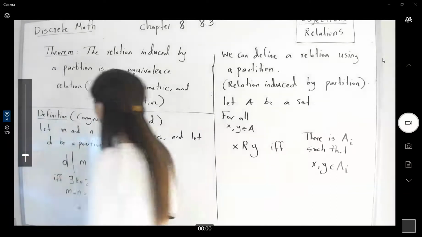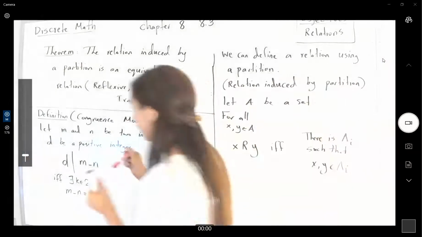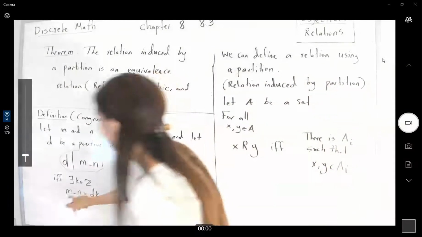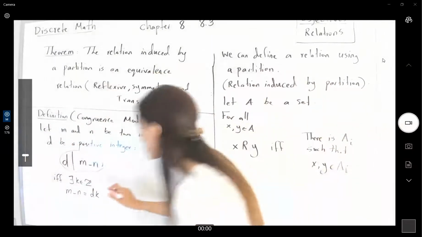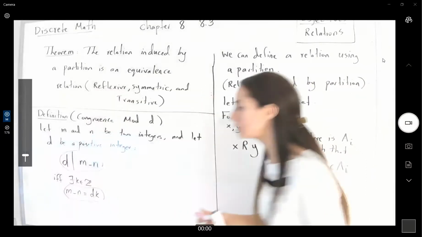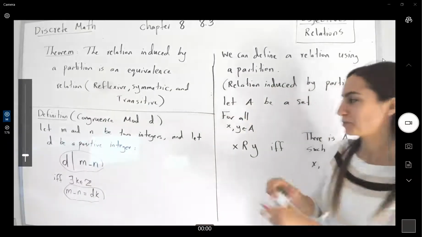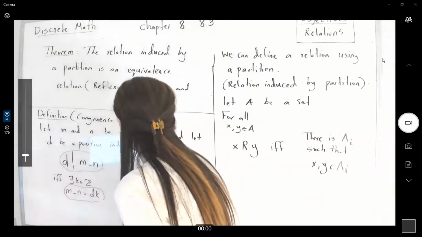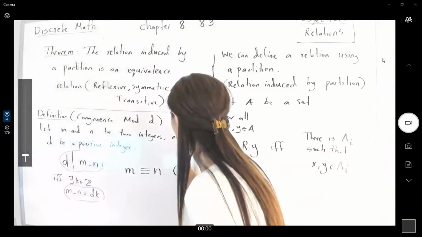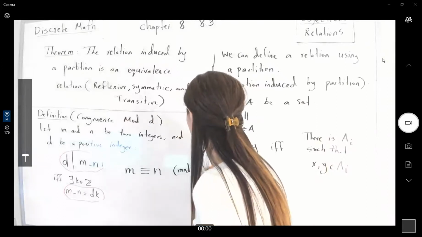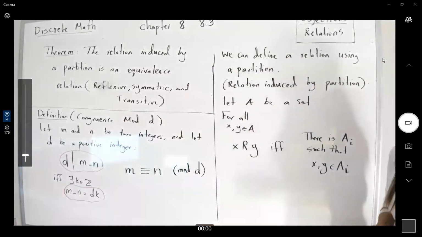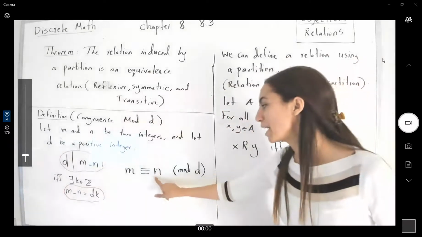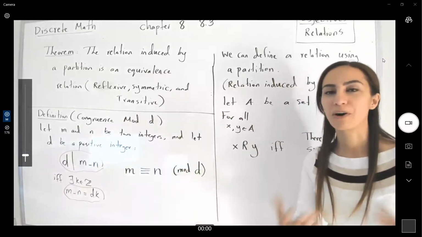Well, it happens that if you have divisibility, you can write it another way. We can write this as m is congruent with n mod d. If you divide m by d and n by d, the remainders are the same.